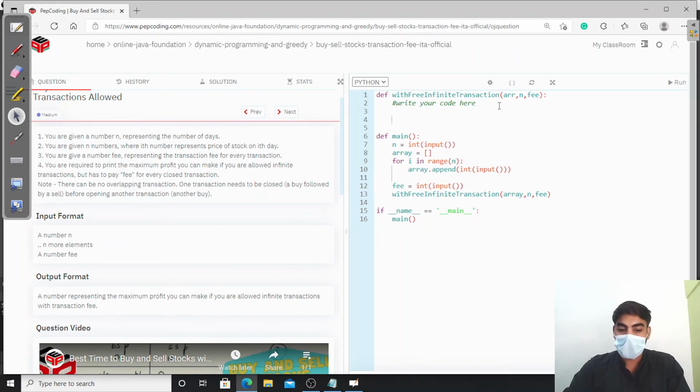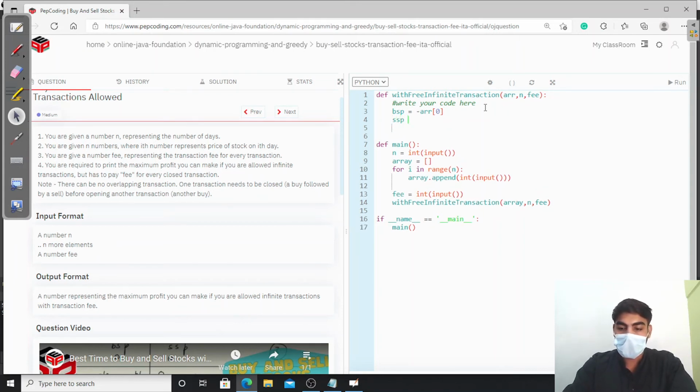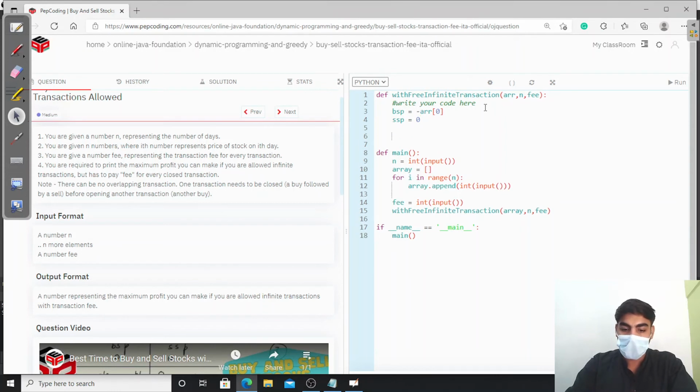Firstly, I take the buy state profit, which is initially minus arr at 0, because we are taking a loan of 10 rupees. Then the selling state profit is initially 0. Now we have to iterate for i in range of 1 to n.